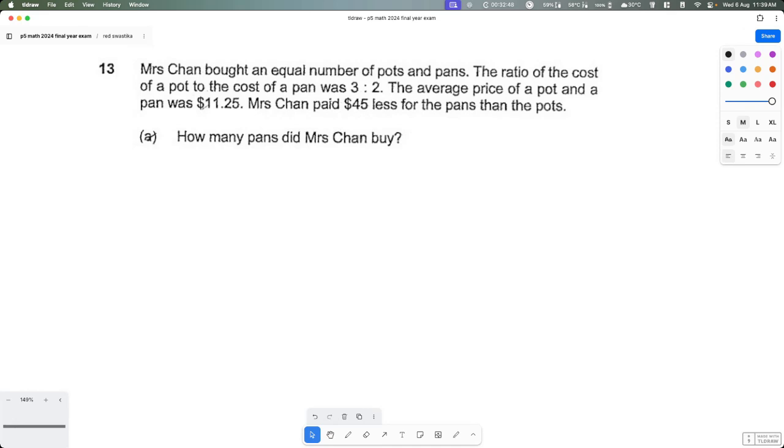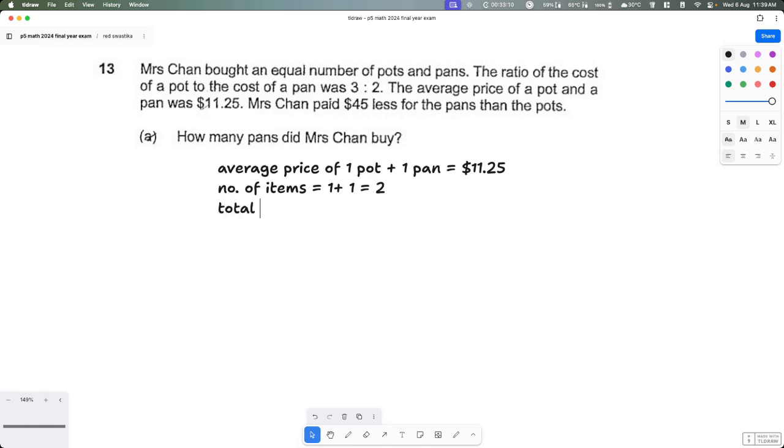So we know that the average price of one pot plus one pan is equal to $11.25. Total number of items is equal to 1 plus 1, equal to 2.